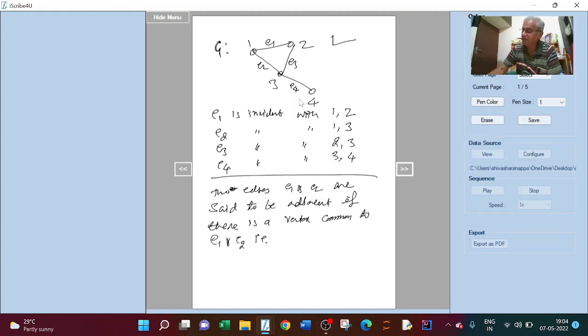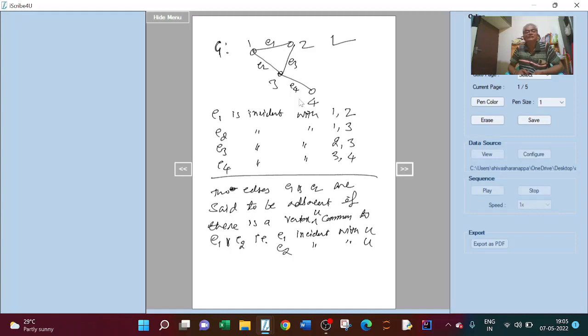Say the vertex U. That means E1 is incident with U, and E2 is also incident with U. If there is a common vertex such that these two edges are incident with that vertex, then we say that these two edges are adjacent.